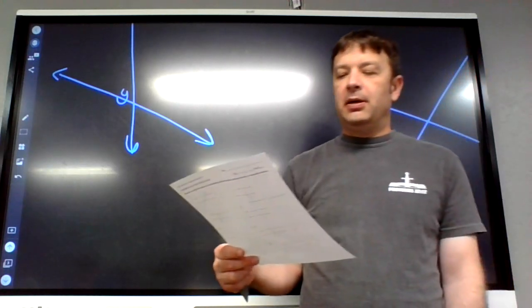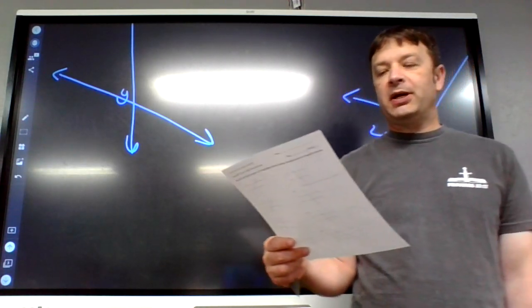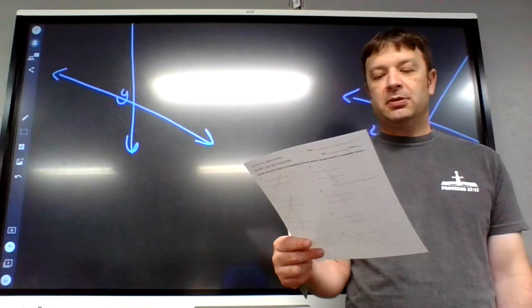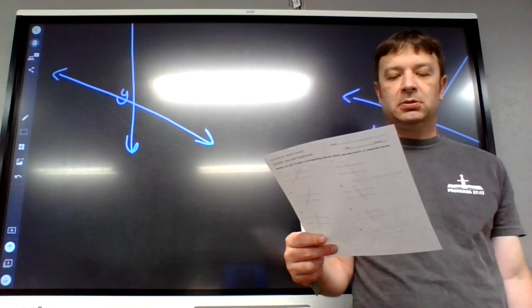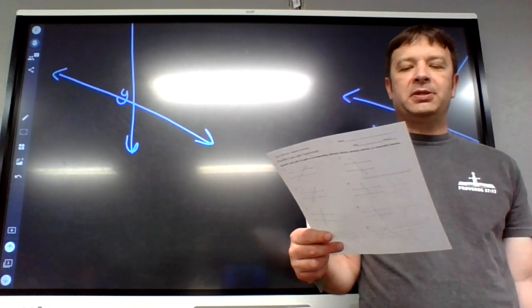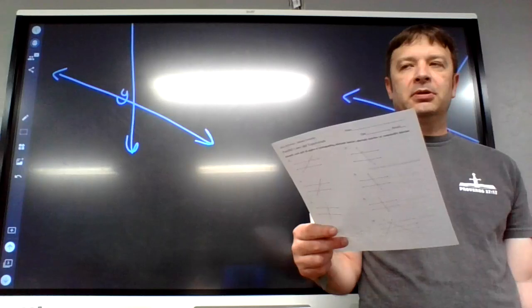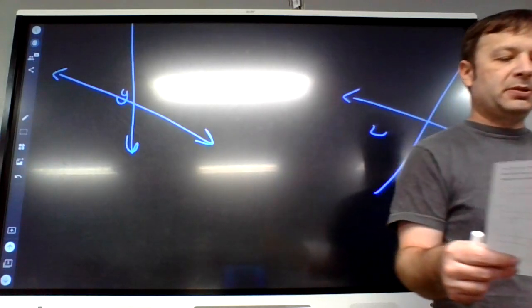Okay, Avery on 11, what kind of angles are those? And alternate exterior angles are congruent. So 11 is 110.